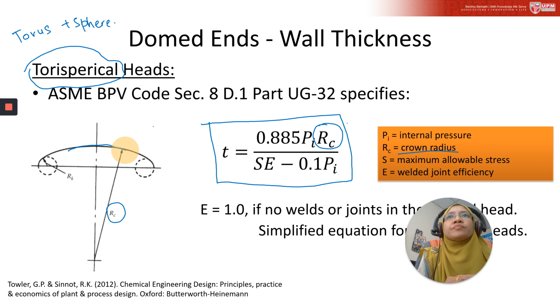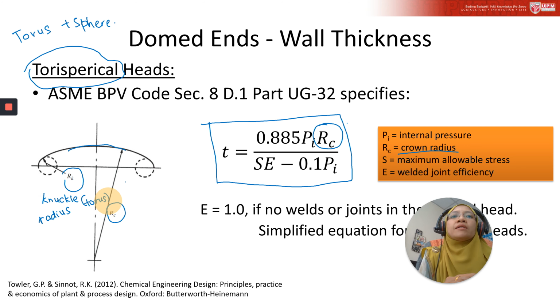The RK here is the knuckle radius. The knuckle radius is the radius of the torus, in other words, the radius for the torus.